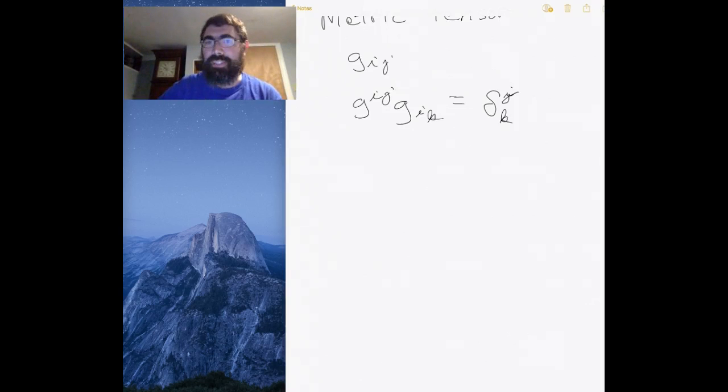So if we take a vector, V with a raised index, so this is a contravariant vector, and then we multiply the metric tensor with the lower indices, then that has the property of producing a covariant vector where that index i is now lowered. So this lowers the index.